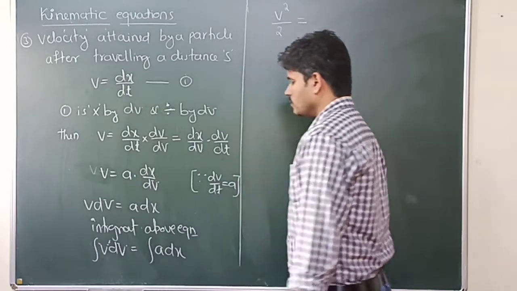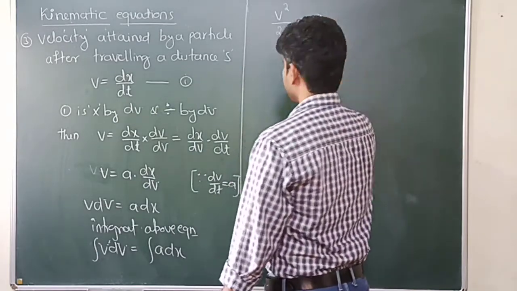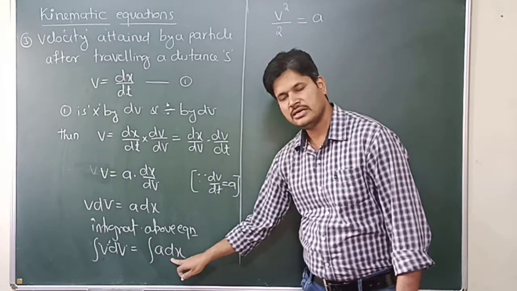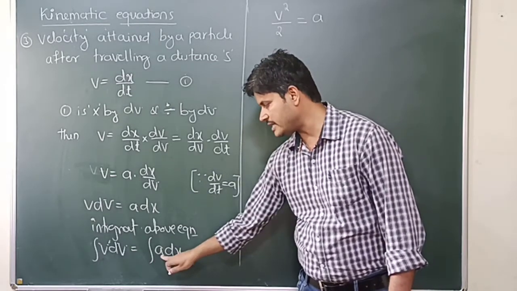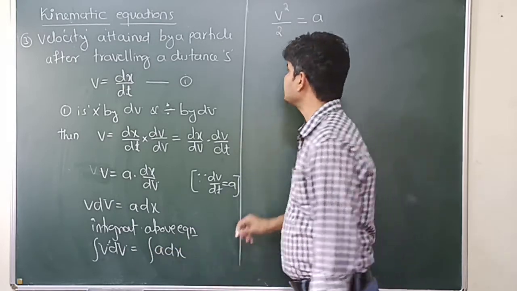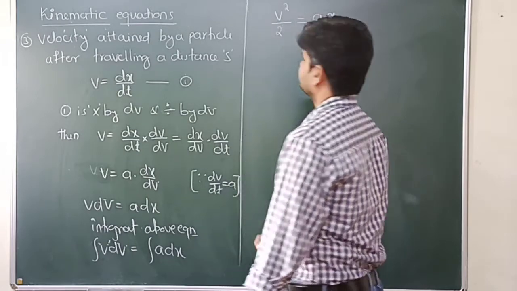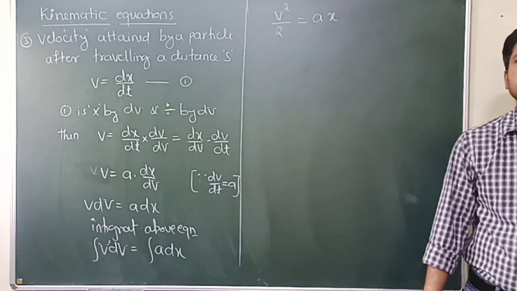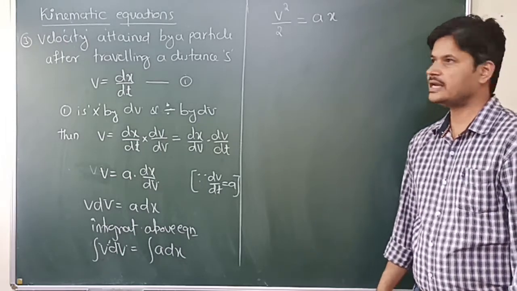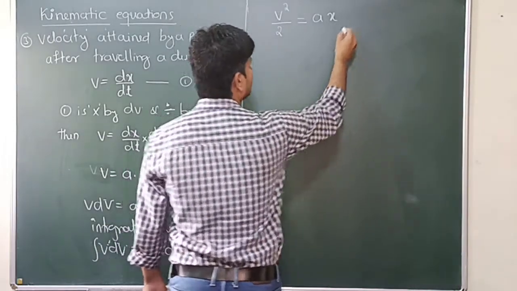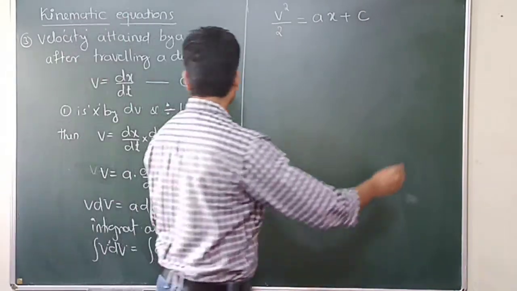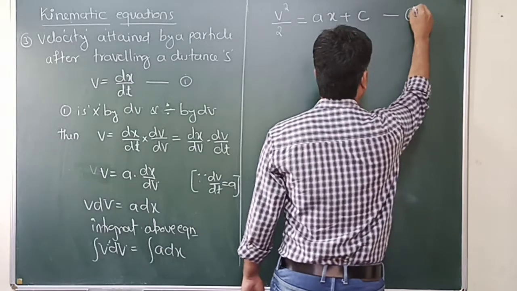This is equal to, we cannot integrate a, keep it as it is. What is the remaining term? Integration of dx, because I have taken this a to the outside from the integration. Integration of dx is x only. Correct? Now plus c. This is equation 2.